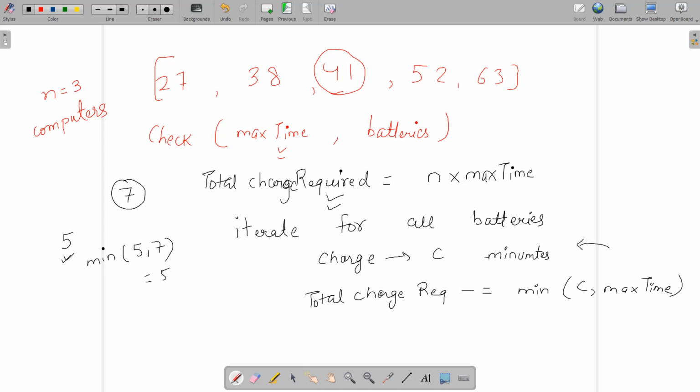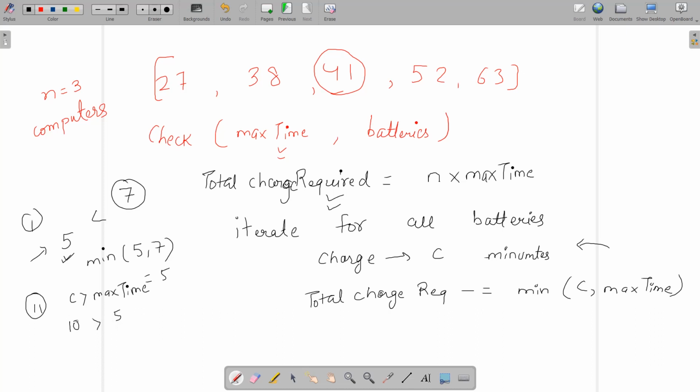So suppose this was the very first case, where the current charge provided by this battery, which is c minutes, is less than the value of max time. This battery will provide charge for only 5 minutes. And let's look at the second part, where c is greater than max time. Let's suppose c is 10 and max time is 5.